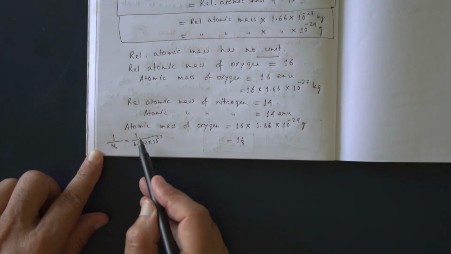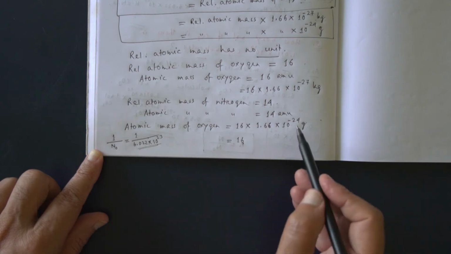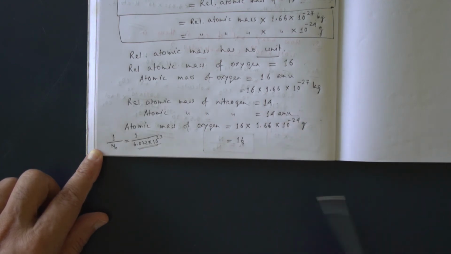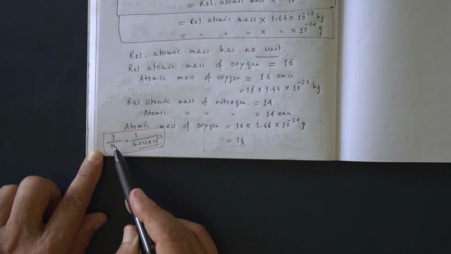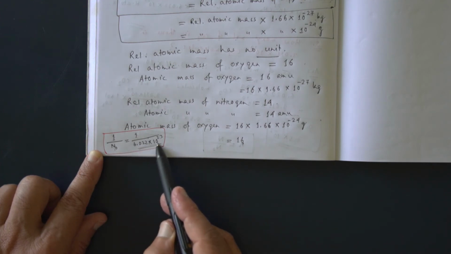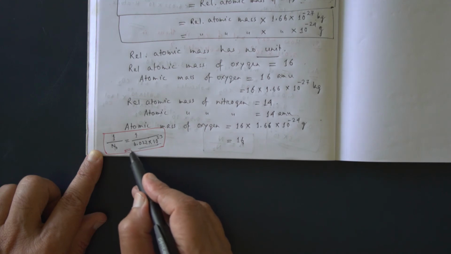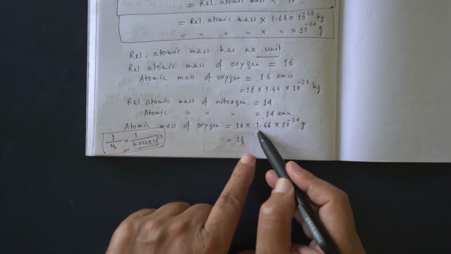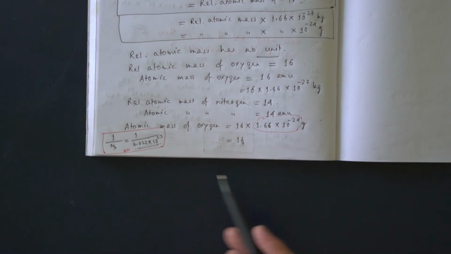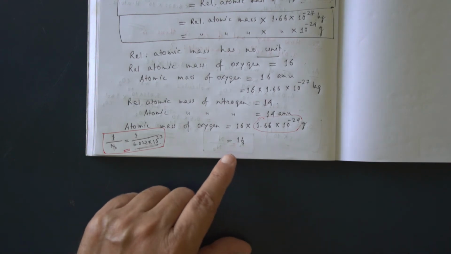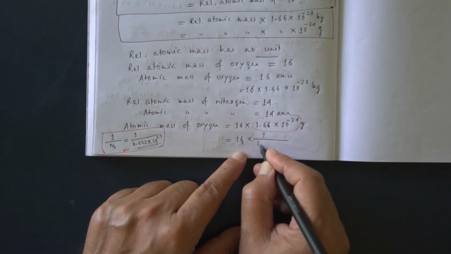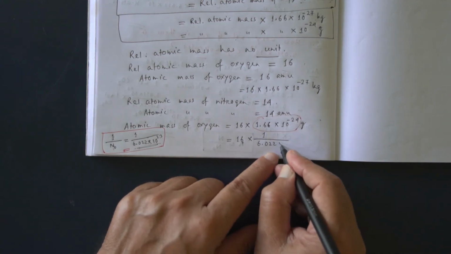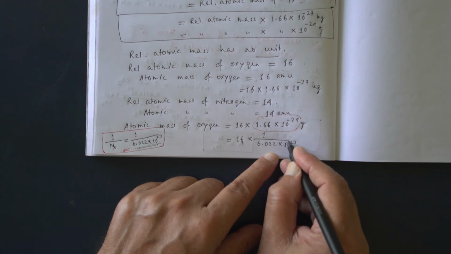If you do this, the value will be this. So I can write it like this: 16 into 1 by 6.022 into 10 to the power 23 gram.